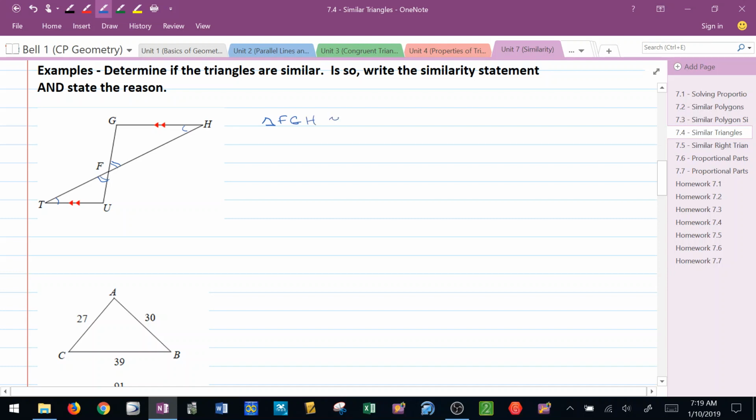Now triangle FGH has to be similar to another triangle. I need F to match with F in the other triangle. G has no mark on it, so it's going to have to match with U. And H is going to have to match with T. Now, I know that these two triangles are similar to each other, and my reason is angle-angle similarity.